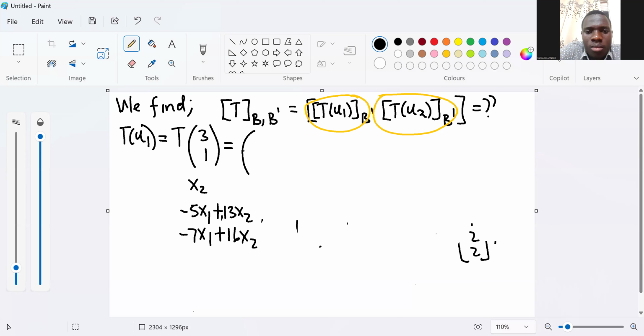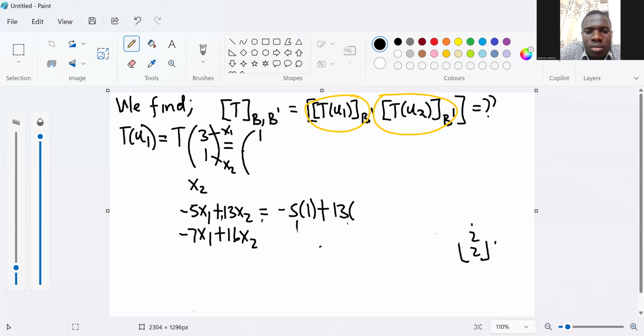That's how it is defined, where the first coordinate here is x1 and the second one is x2. So you start with x2. In this case, x2 is 1. So up I have a 1. Then the second one is -5x1.